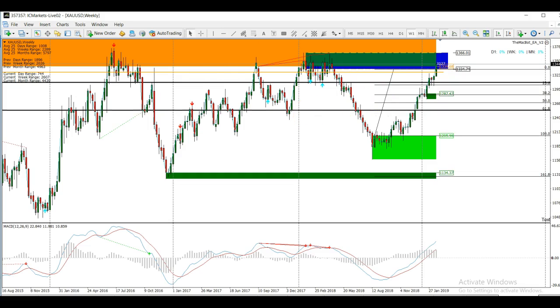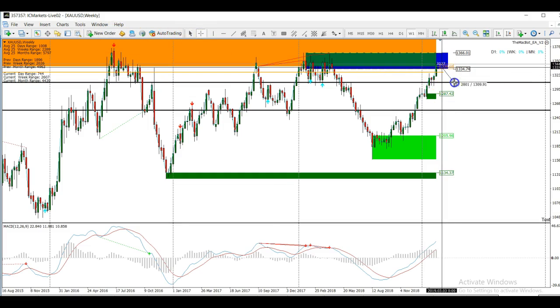So they're really the 2 targets for this trade. I'm going to load the MacBot for this one and see how many pips it is, so around about 300.